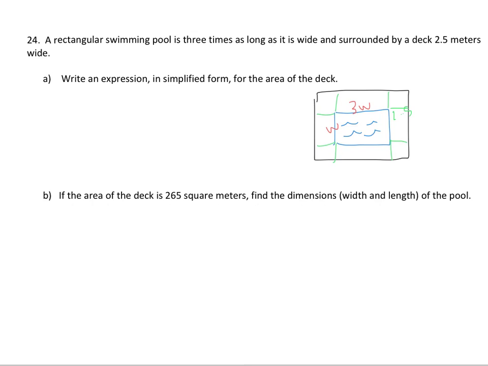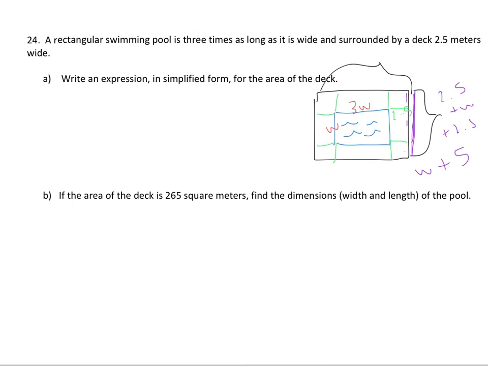Okay, now write an expression in simplified form for the area of the deck, and we just want the area of the deck. So I need to figure out my length and my width. Let's do this side first, this purple side, I'm going to take 2.5 here plus W plus 2.5. So 2.5 plus W plus 2.5 is really W plus 5.